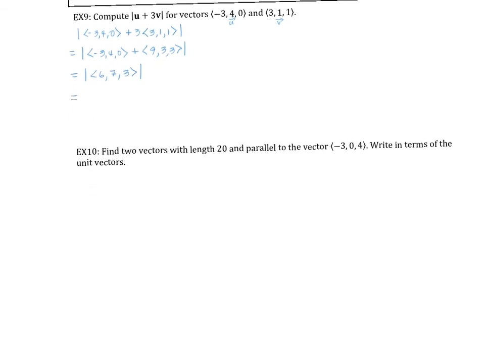The magnitude is just our distance formula. We're going to have 36 plus 49 plus 9, and then take the square root, which gives me the square root of 94. And I don't think this can be reduced.